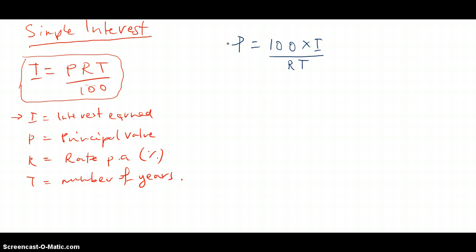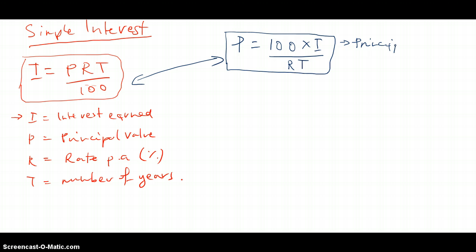This is exactly the same as the first formula, except all I've done is rearrange the variables so that P is the subject. It's useful to note down that you can use this when you want to find the principal value. So when you're given I, R, and T, you can use this formula to work out what the principal value is.